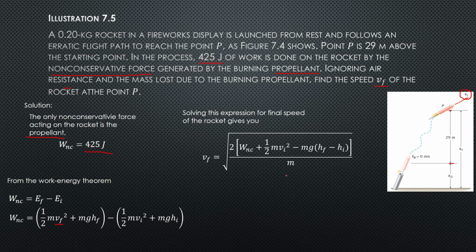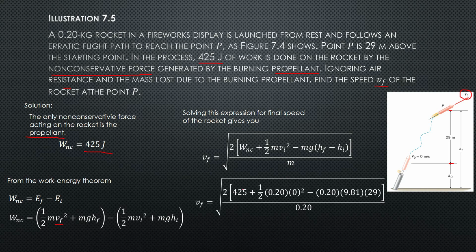Substituting the values, the net non-conservative work is 425, plus one half, mass is 0.20, initial velocity is given as 0 squared, minus mass times acceleration due to gravity 9.81 times h final minus h initial, which is 29 meters, divided by 0.20 mass.